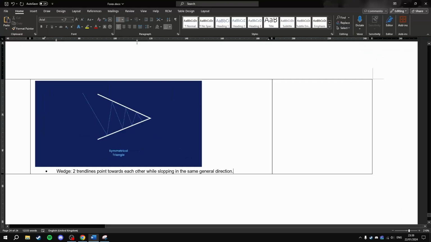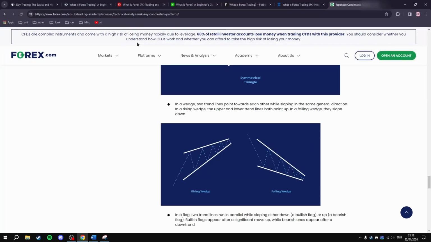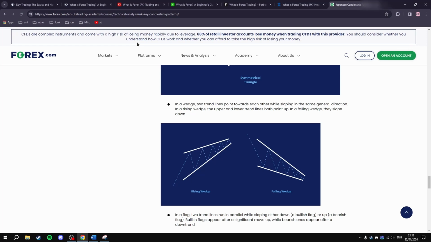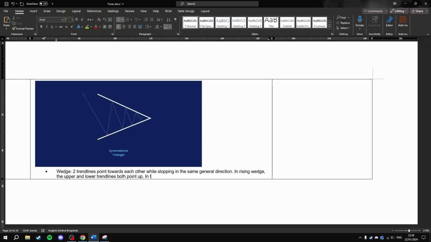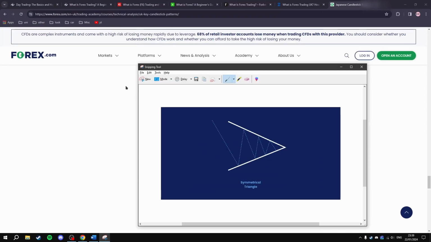In a rising wedge, the upper and lower trend lines both point up. In a falling wedge, the upper and lower trend lines both point down. And it looks like that.